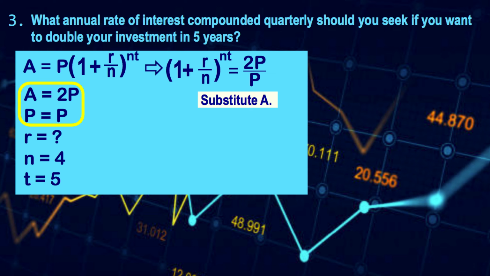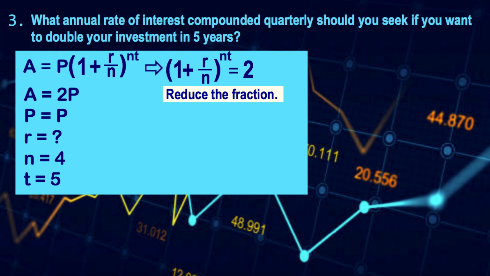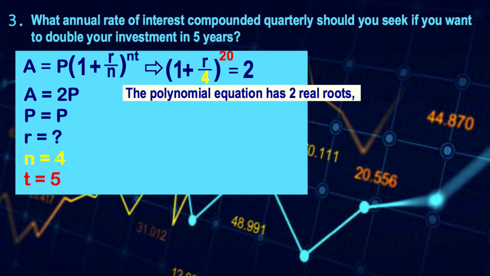We substitute A and reduce the fraction to obtain 2. Then we can substitute the number of compoundings per year as 4, and then substitute the number of years by 5. 4 times 5 is 20, so we have 20 at our exponent.